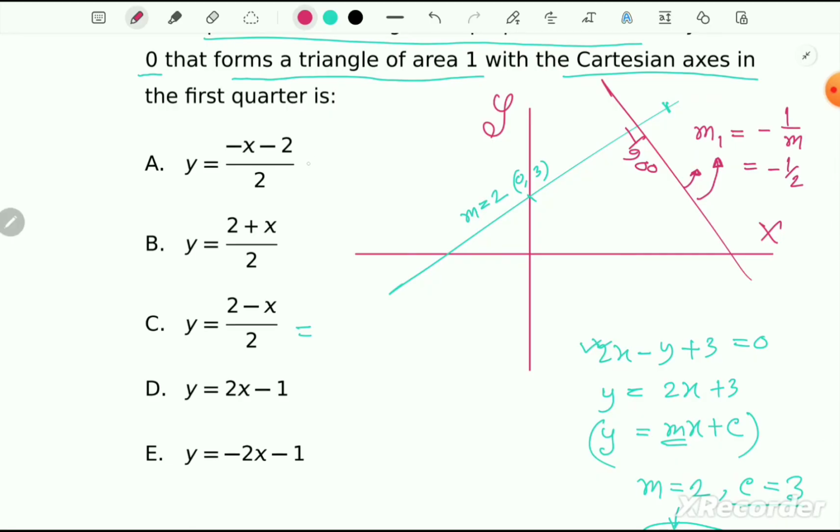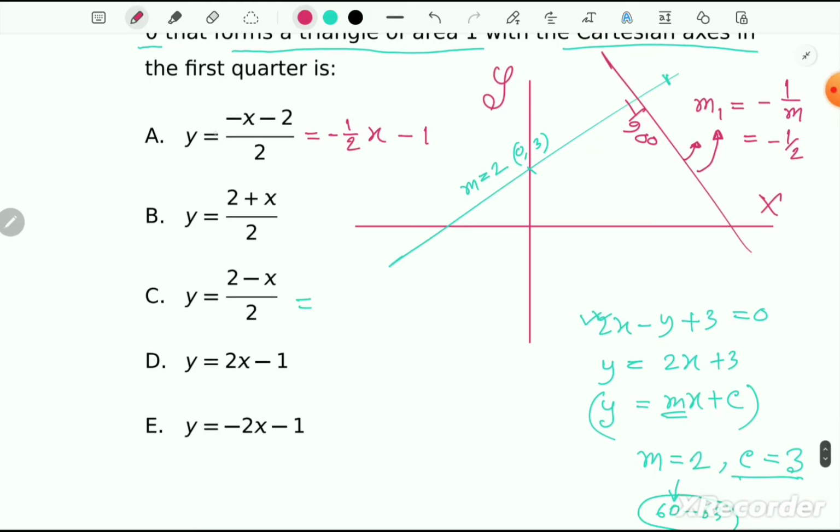Let's check option A. It has a slope of minus half. Okay, so that means this could be an answer. Let's check more. This has a slope of half x plus 1, so it's also half but positive.